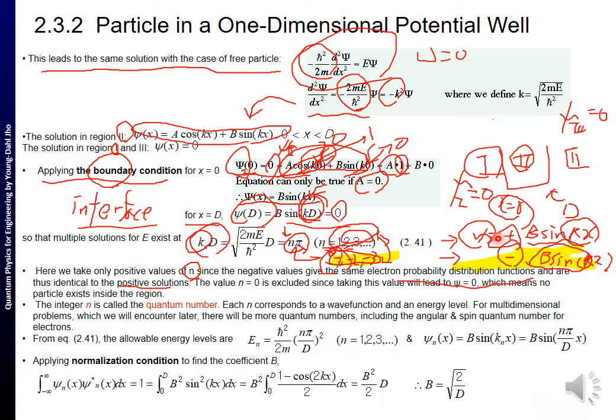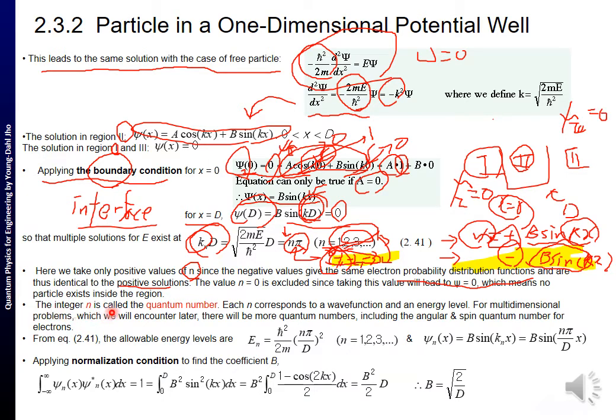The probability becomes 0. What does it mean? The particle doesn't exist, which contradicts our original postulate that there is an electron. There is something. So n equal 0 is excluded, since taking this value will lead to psi equal to 0, which means no particle exists inside the region.